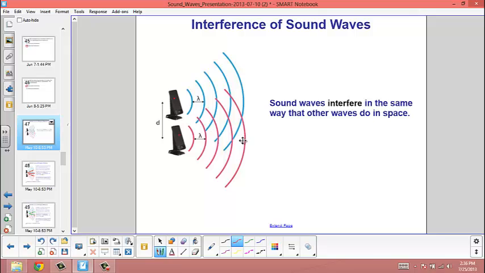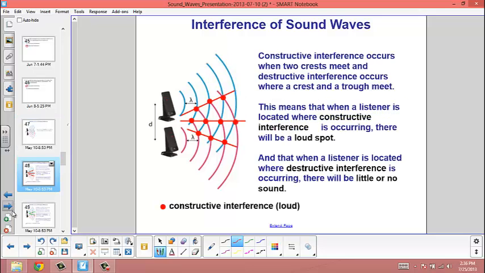And it's interesting to note, wherever a crest from speaker A meets a crest from speaker B, the waves are said to be in phase. So if we look at the next slide, we've created red dots where the crest for each of the sound waves coming from the speakers meet up.